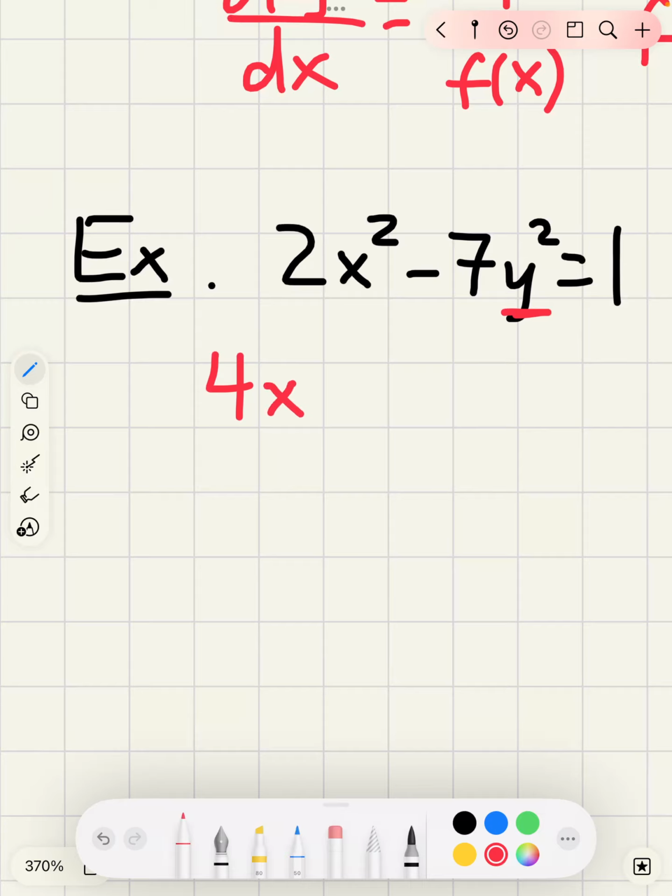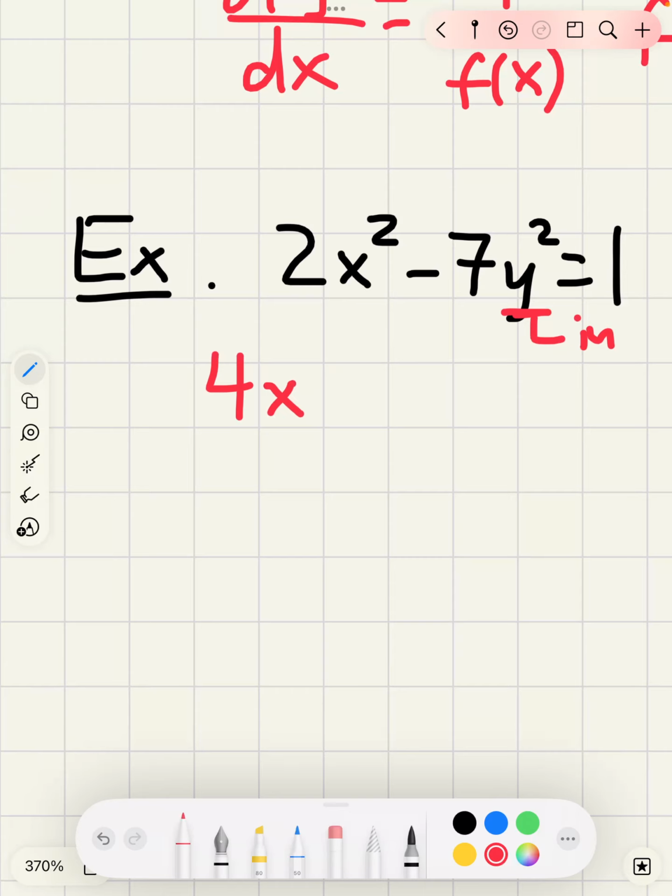Second term, we have to treat like it's a composite function because I have negative 7y squared, but I don't exactly know what y is. I just know that it's a function that involves x. So I would treat it like chain rule where y is the inside function and negative 7 stuff squared is the outside function.